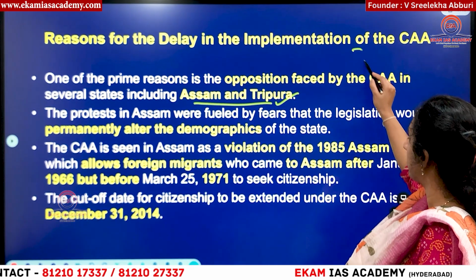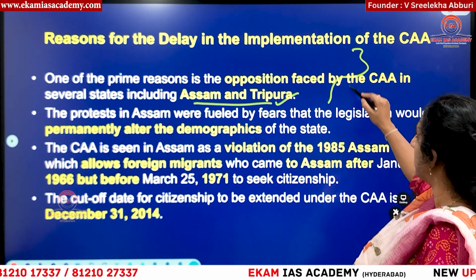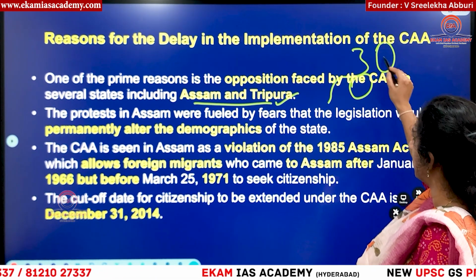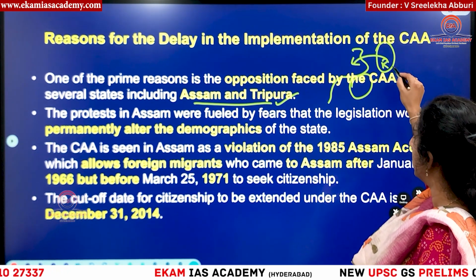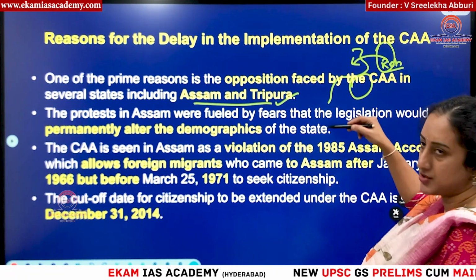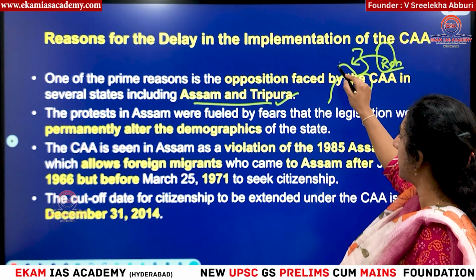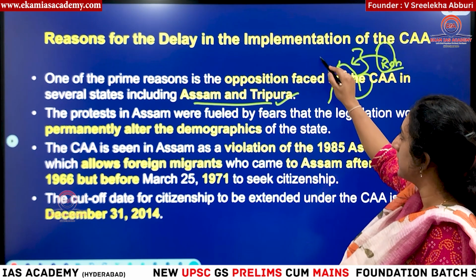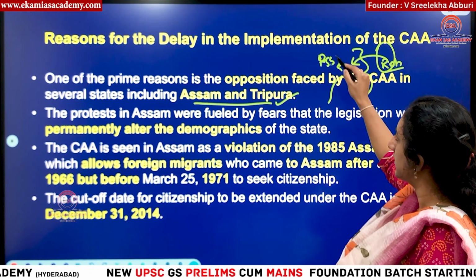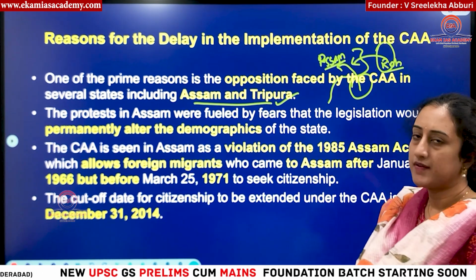If you see the map of the Northeast, here you have Bangladesh and here you have Myanmar. From Myanmar we have this Rohingya influx into some parts of neighboring states like Arunachal Pradesh, and at the same time from Bangladesh many Bengali migrants are entering Assam. That is why Assam is always facing such issues.